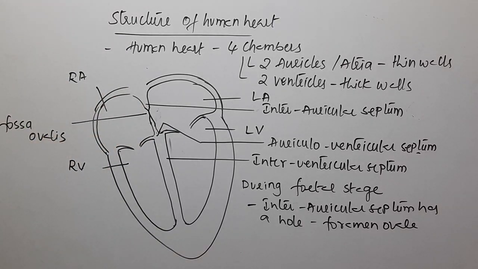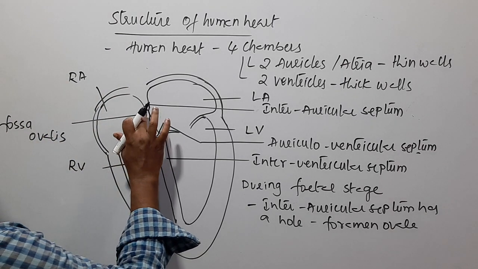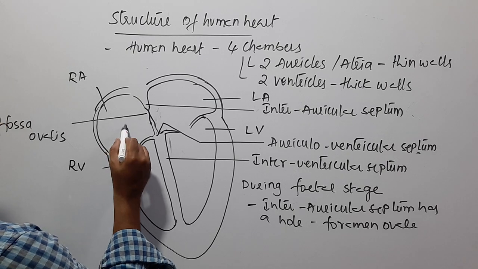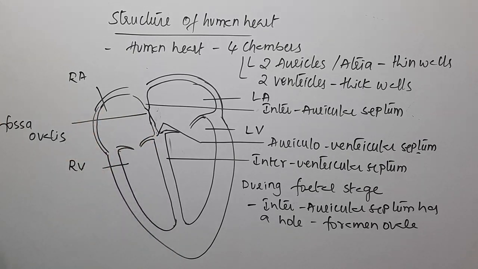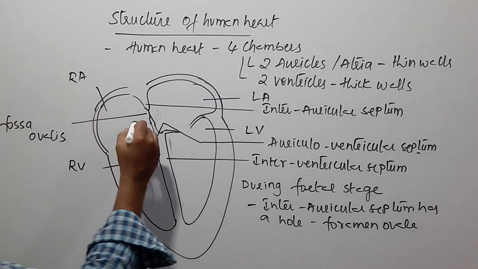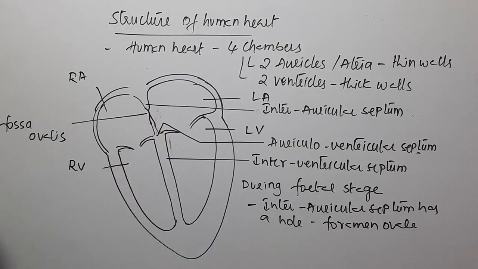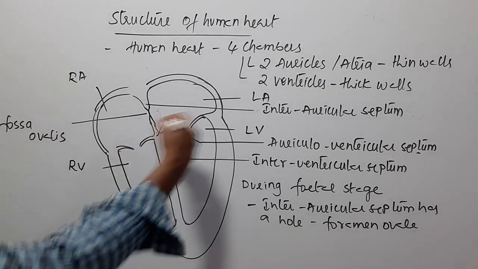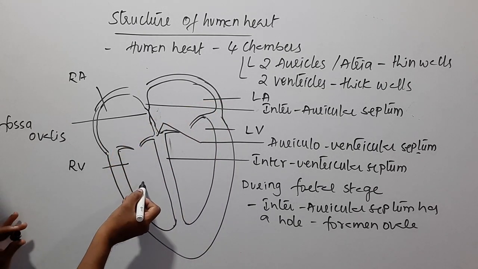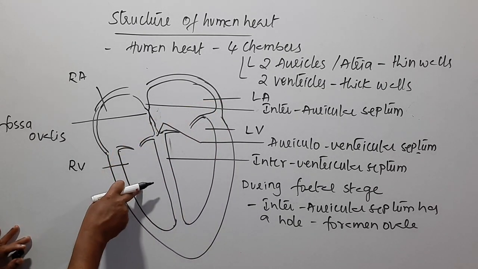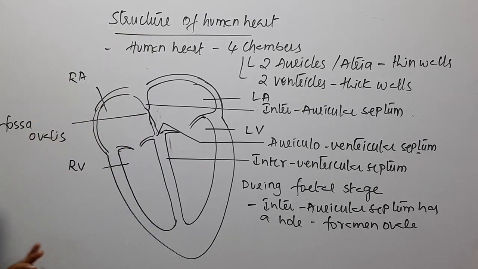This foramen ovale helps in directly passing the blood that reaches the right auricle into the left auricle. So that is bypassing the blood. If not, the blood would reach the right ventricle, and from there pass to the lungs.